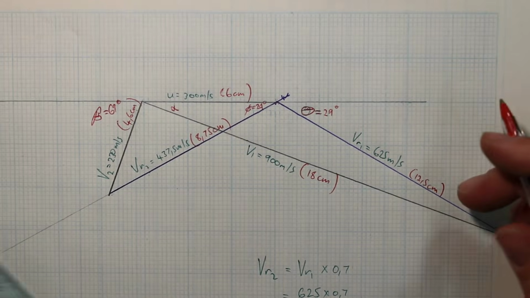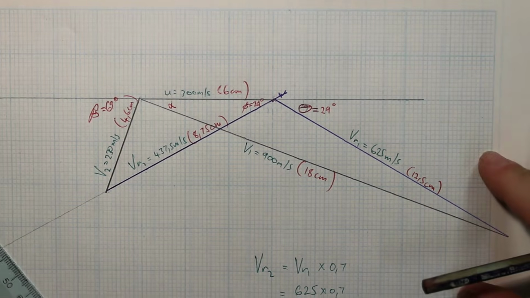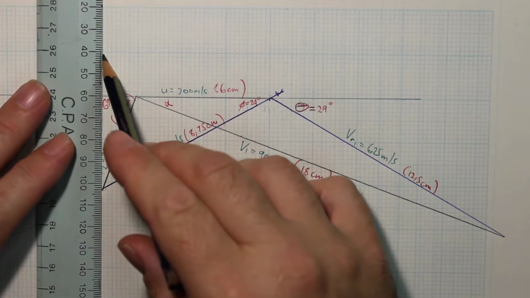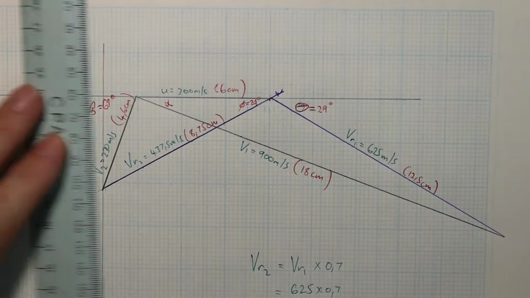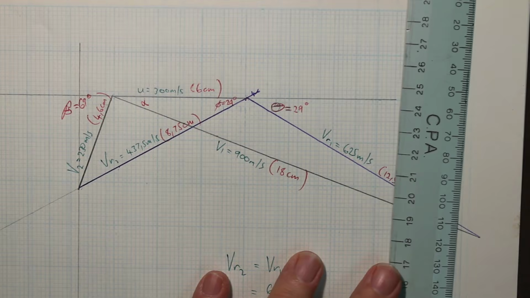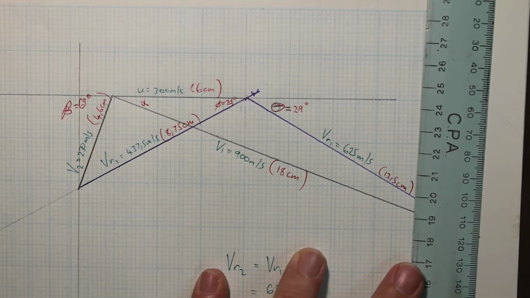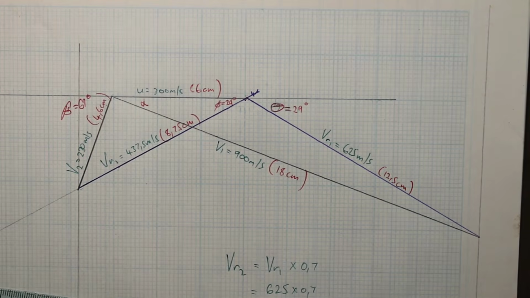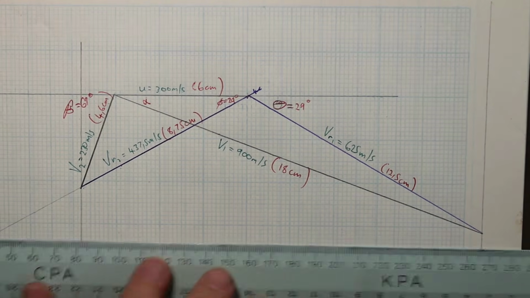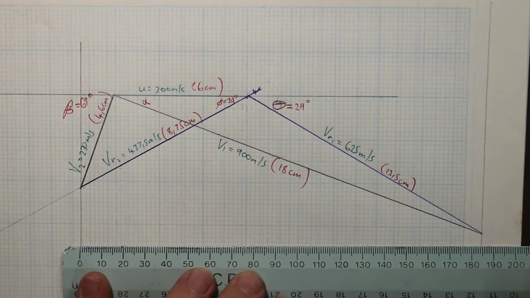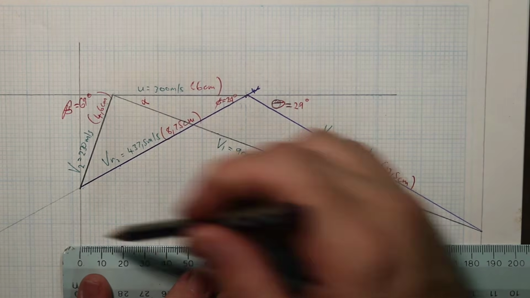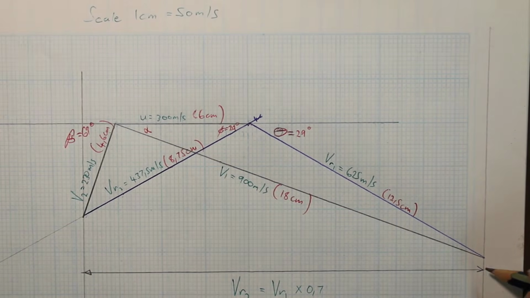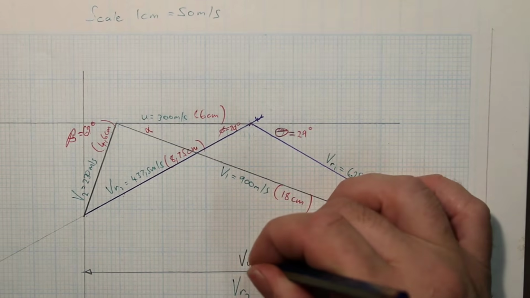All right, now remember, just quickly before we end this video, if I make a construction line down like that on that side, and I go on this side here and make a construction line down like that, this total length that we measure, from here to there, that is our velocity of whirl.